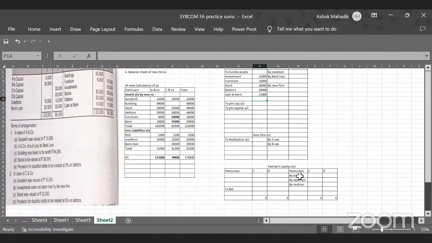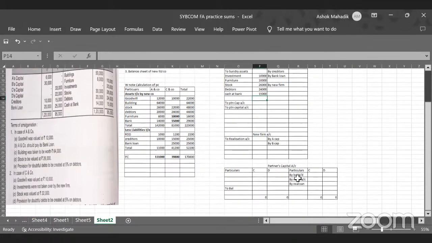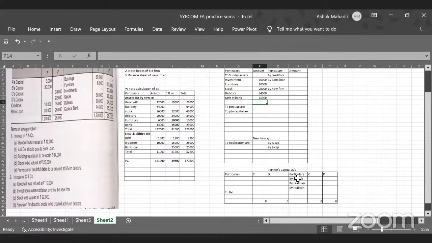Liabilities will post: capital balances, 33,000 and 22,000. Then creditors 15,000. And bank loan 25,000.